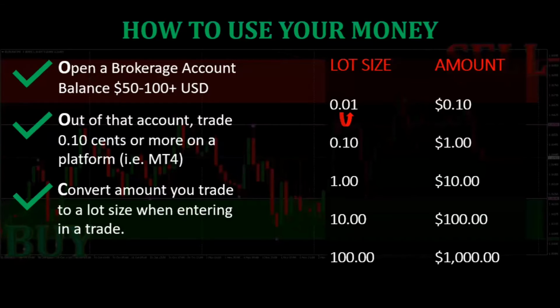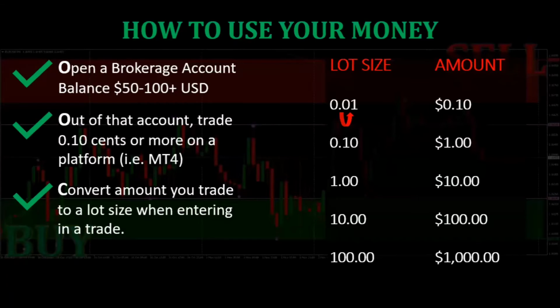So with 0.01, you have to move the decimal one place to the right every single time before you make a trade. So 0.01, which looks like 1 penny, is really 10 cents. 0.10, which looks like 10 cents, is really $1. 1.00, which looks like $1, is really $10, because you're moving a decimal one place to the right. And 10 looks like 10 but is really $100, and 100 is really $1,000.